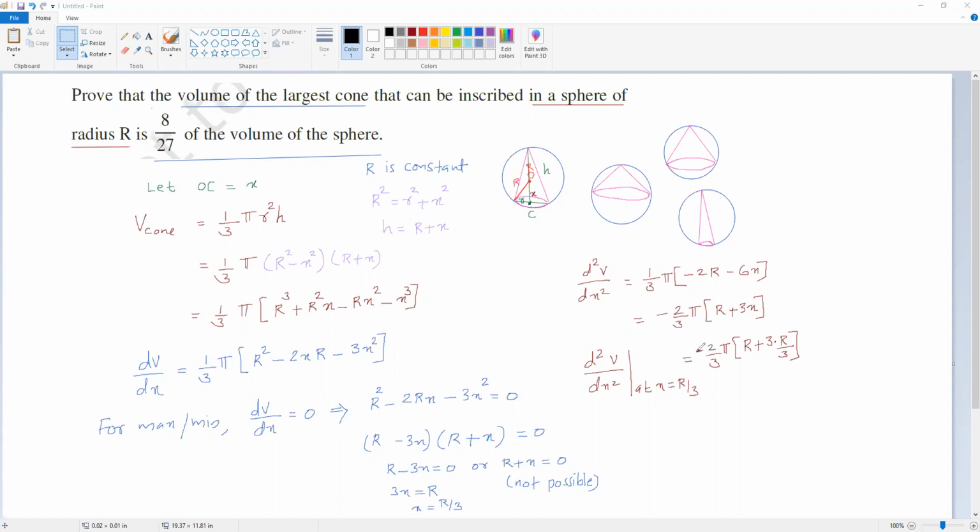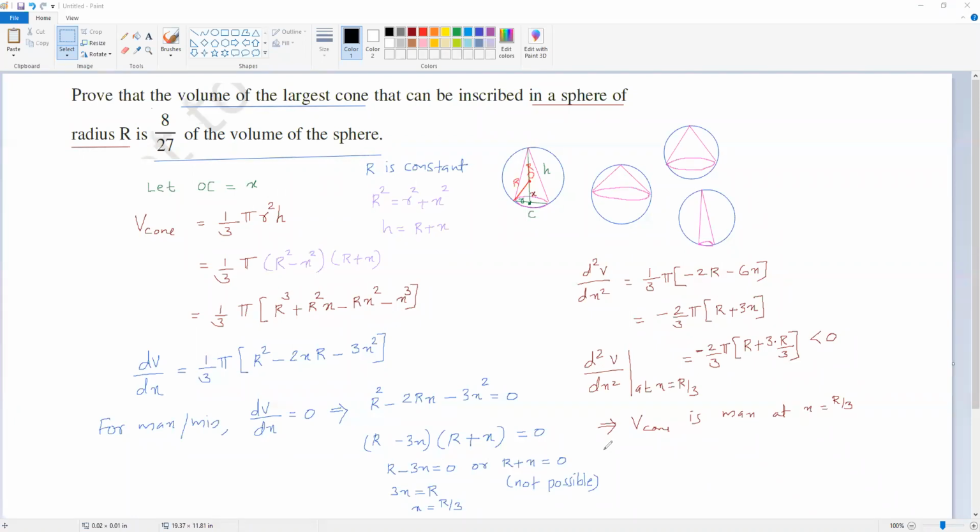So it is less than 0. So that implies the volume of the cone is maximum at x is equal to r by 3. So the volume of the cone is maximum when x is equal to r by 3.